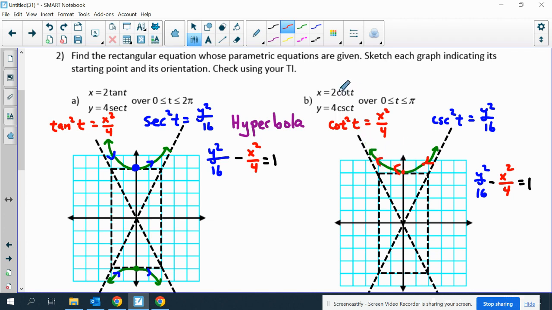And then at pi, it goes off to infinity up here. And I don't have anything down here because of my bounds. Now, if I did the same bounds on this one, what I would end up with, and I'll just highlight it, I would start here, go off to infinity.